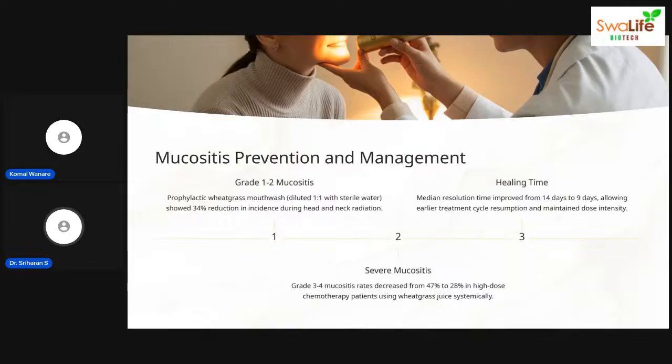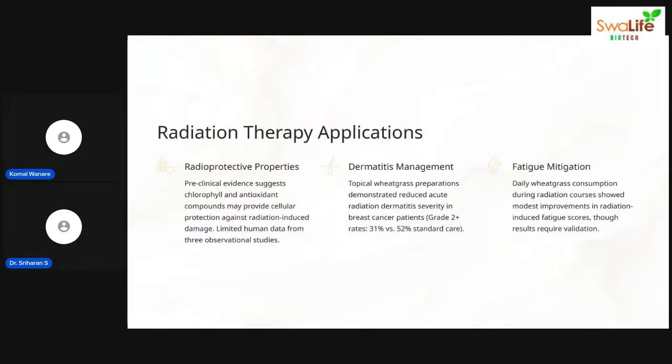This is one of the important things cancer patients experience. The first thing is nausea, and the second is mucositis. Wheatgrass shows a good effect and good evidence, showing benefit while patients are having cancer treatment like chemotherapy or radiation. It shows a great effect.